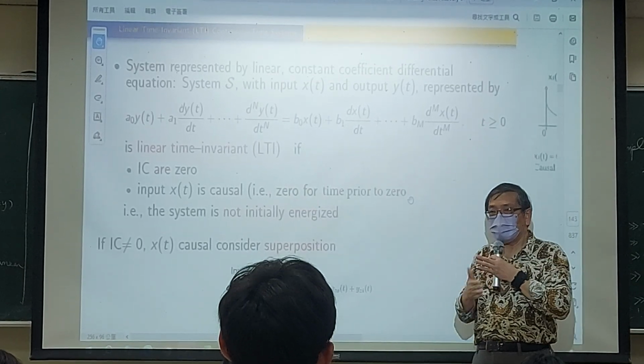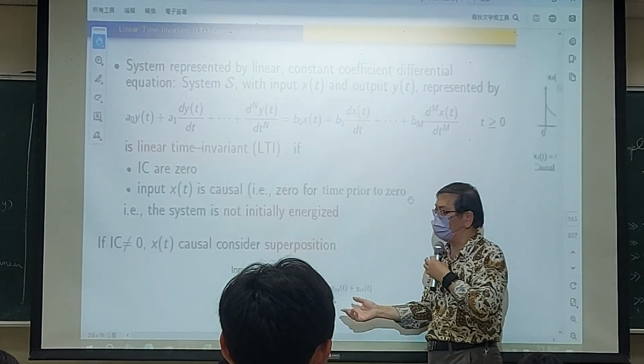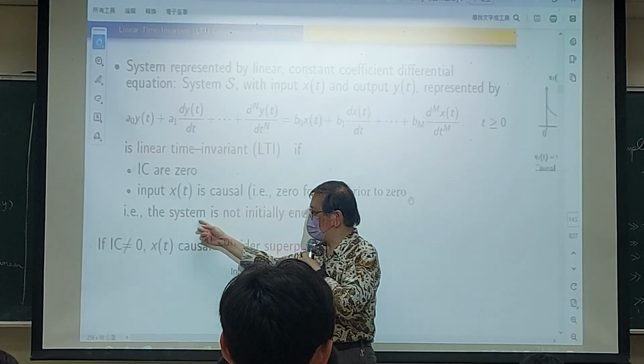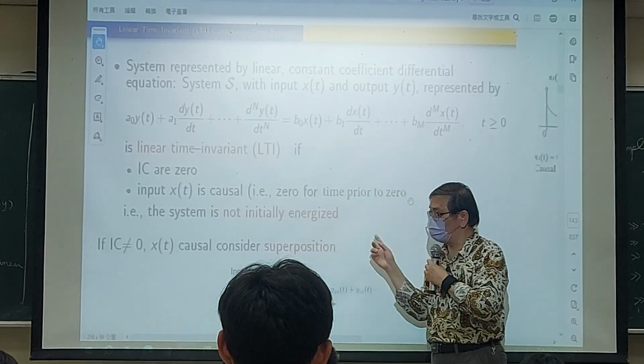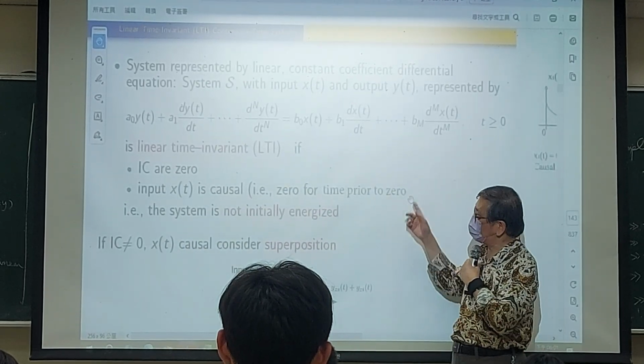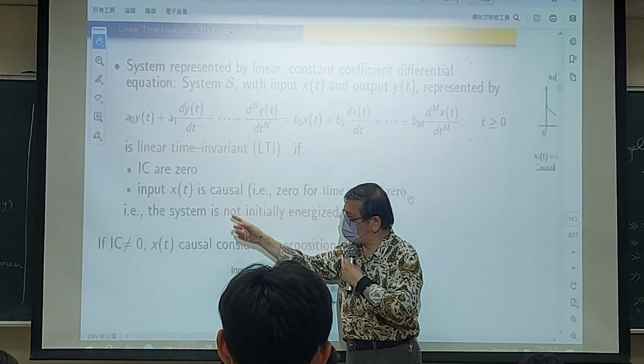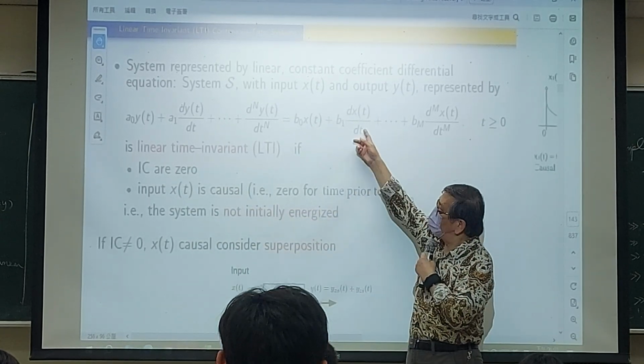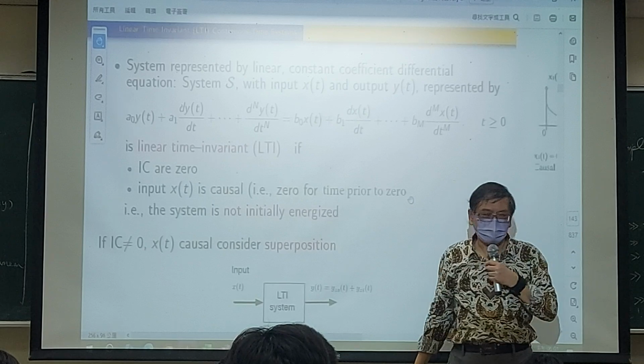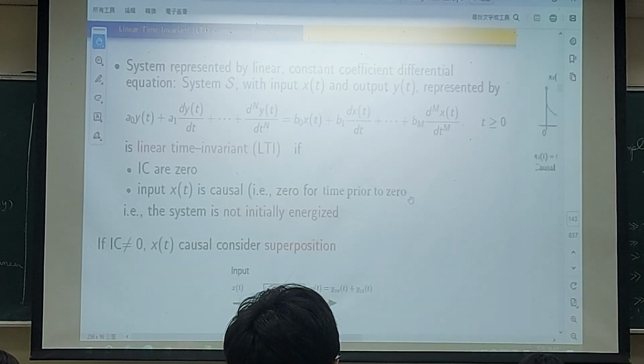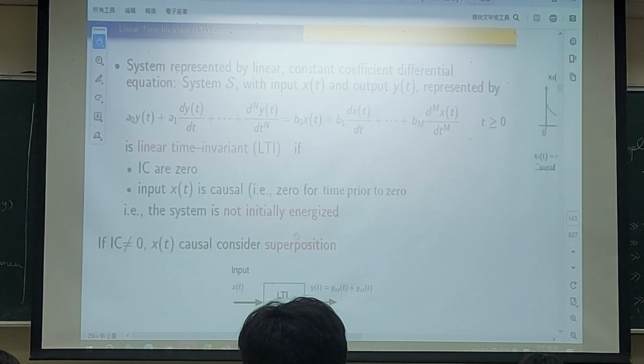So nothing happened before the time equals 0, which means the system is not initially energized. If these conditions are satisfied, then this differential equation is time invariant. Actually, it's linear time invariant.